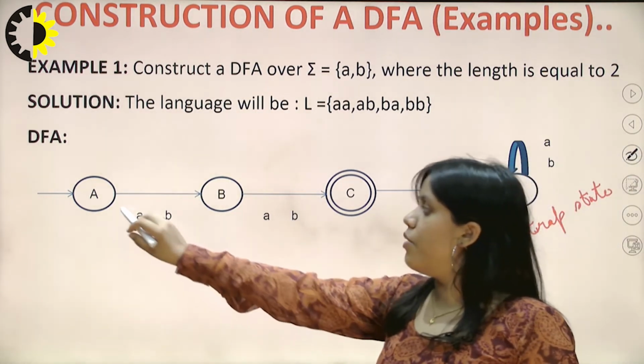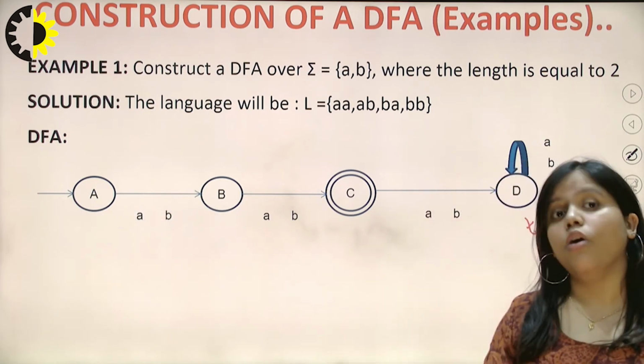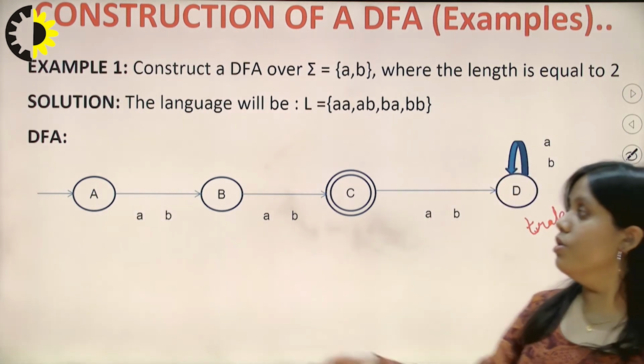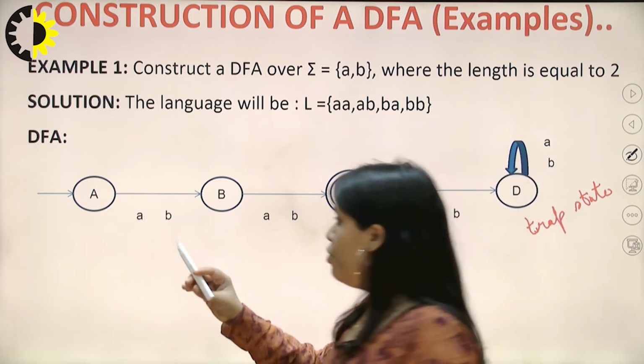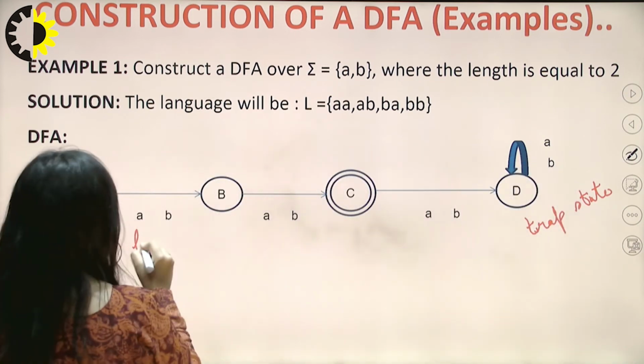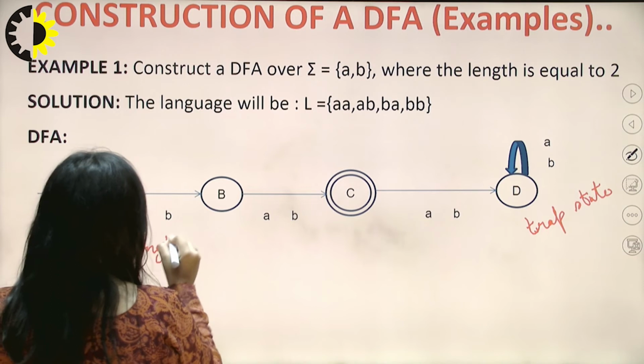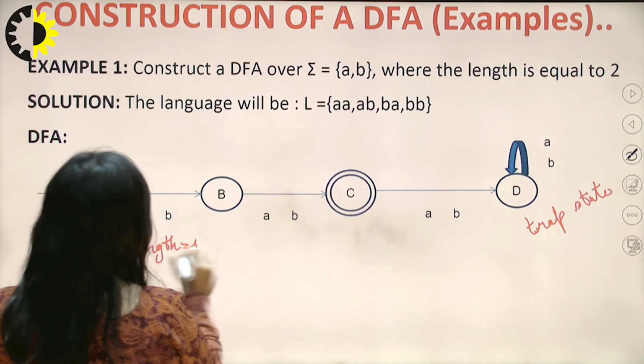What does it mean? If A takes A as input or B as input, it reaches state B. Now the length becomes 1.